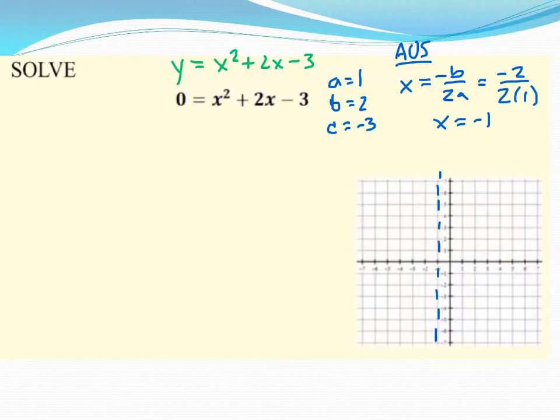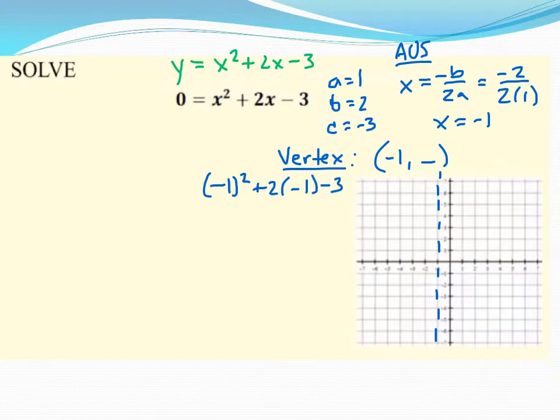Okay, now remember axis of symmetry. The next thing I want to figure out is where is my vertex. And again, the vertex is your maximum or minimum point. What I'm going to do is simply plug negative 1 into my function. So I want to find, if my x is negative 1, what the heck is my y? Plugging it in, I'm going to have negative 1 squared plus 2 times negative 1 minus 3.